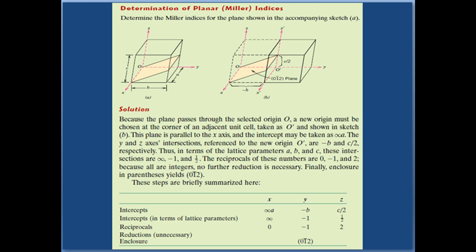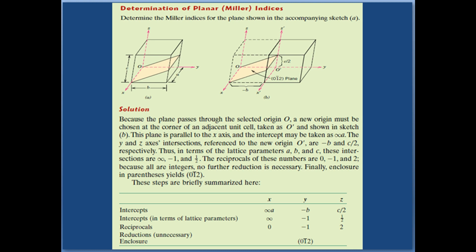Now, with reference to the new origin, the y and z axis intersections with reference to the new origin O dash are minus b and c by 2. These are the intersections associated with the y and z axes, according to the new origin O dash, minus b and c by 2 respectively.